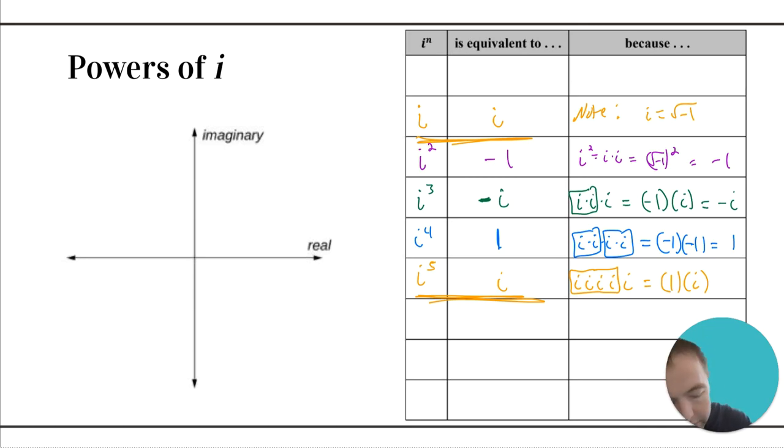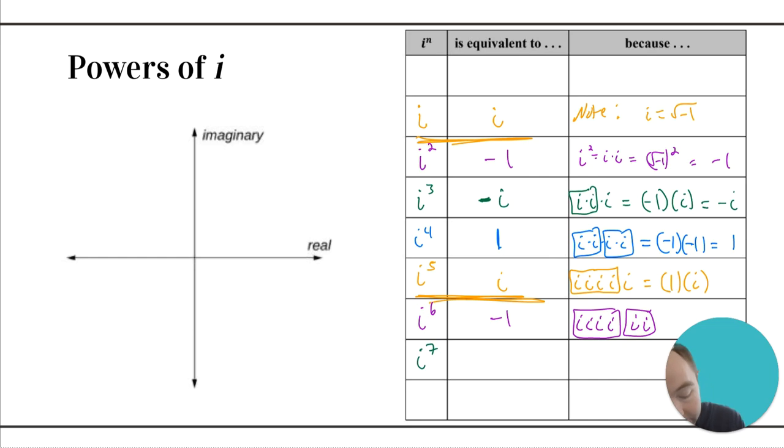And so if we were to do this to the sixth power, the first 4 i's would just become 1. So then we would just get 1 times 2 more i's. But 1 times anything just keeps whatever the 2 i's equals, which would just be i squared, which is -1, right? So we start seeing this circular pattern going through the same 4 numbers over and over and over. And that's truly what's going to happen.